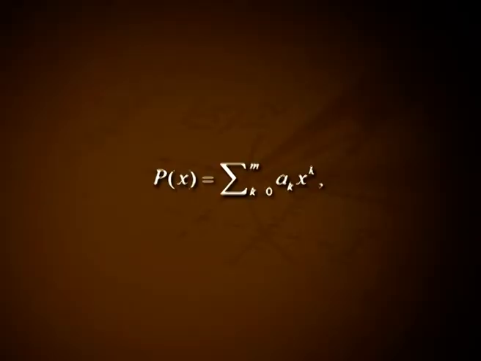Proof. Consider p(x) = sum over k from 0 to m of a_k x^k, a polynomial with integral coefficients. Obviously, 10 is congruent to 1 mod 9. Hence, by Theorem 1, p(10) is congruent to p(1) mod 9.